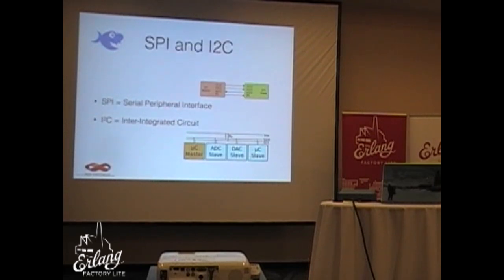Then we have the SPI and I2C interfaces. So it's a serial interface to save some I/O lines. The CPU only has a limited number of pins, and if you want to hook up even more things to this, you need something like a serial interface to chain things. So it needs less wires. SPI usually has 4 wires, and it's a master-slave protocol with master output-slave input and master input-slave output lines, so 2 ways.